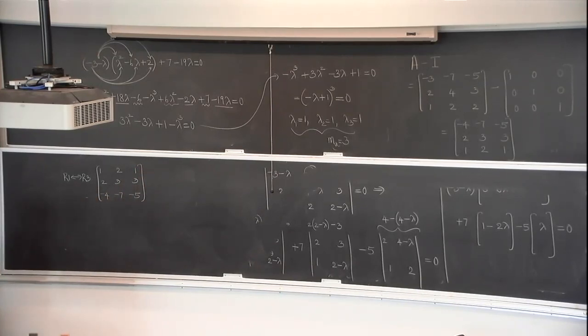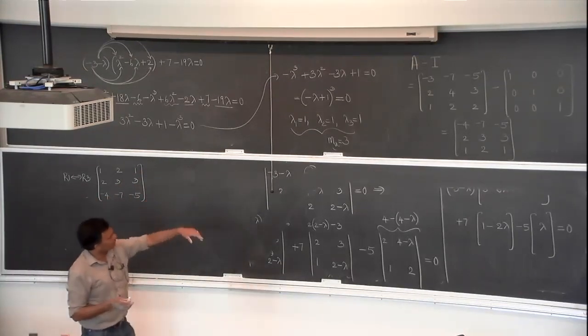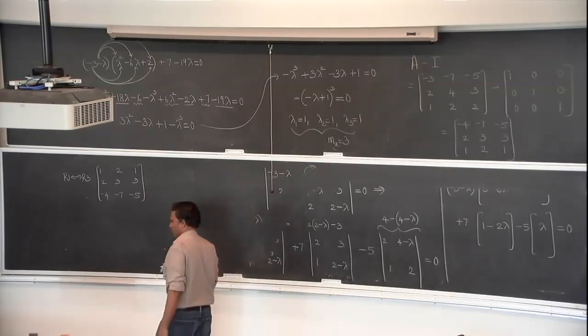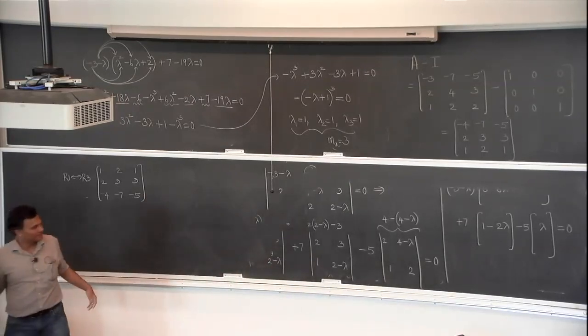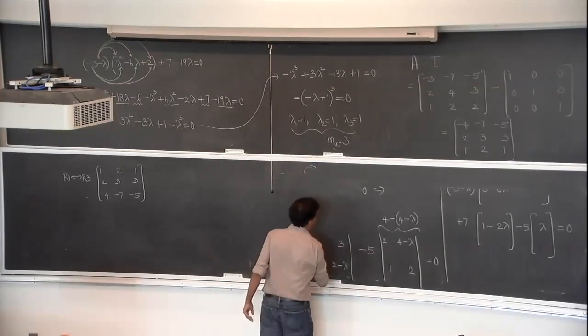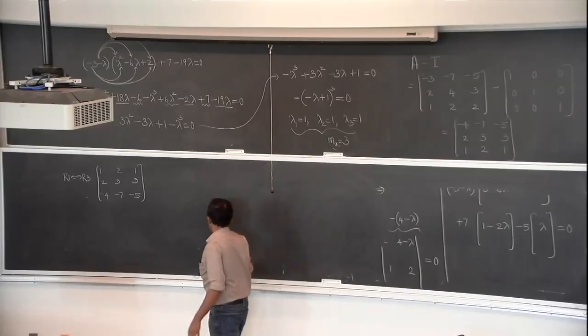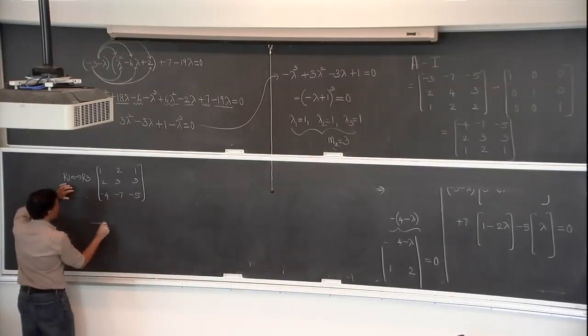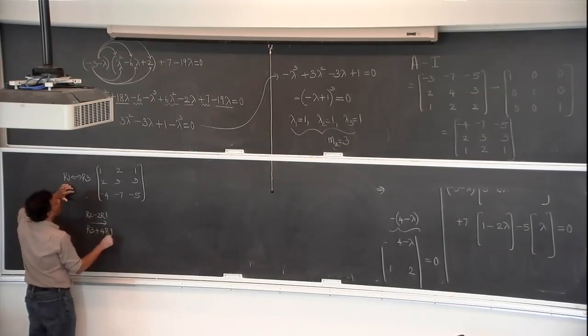The sum of the eigenvalues is 3, and if you take the sum of the numbers in the main diagonal, it's 6 minus 3, 3. So just for peace of mind. All right, so let's do R2 minus 2R1 and R3 plus 4R1.